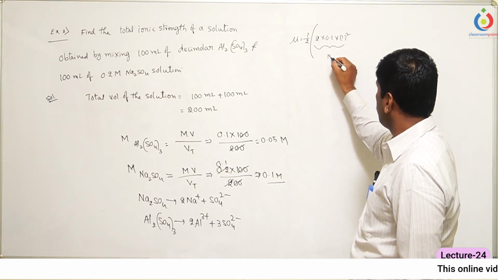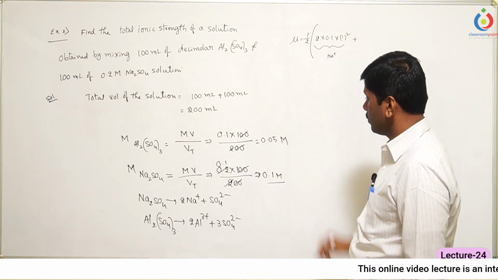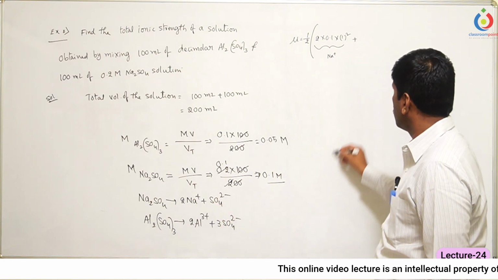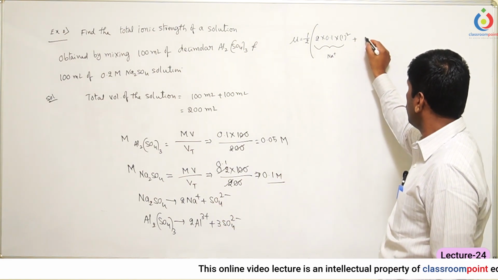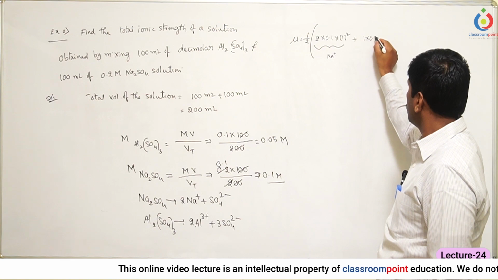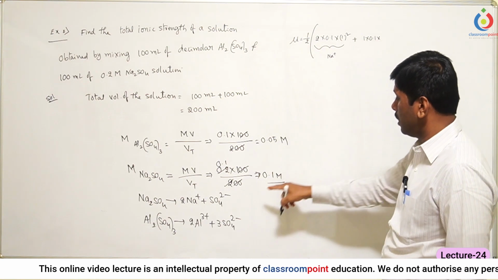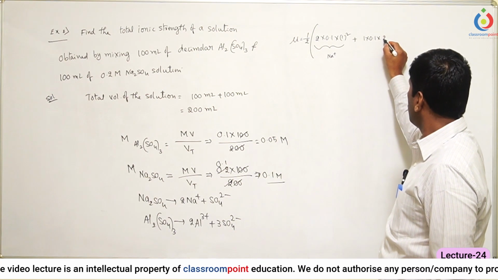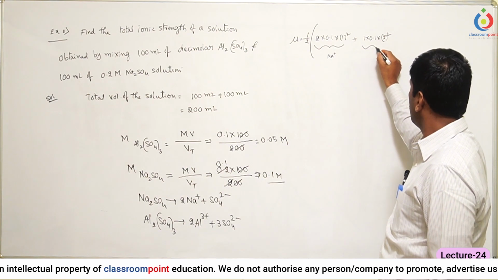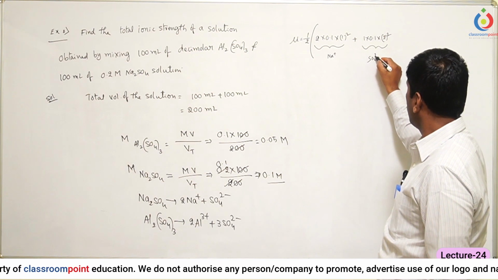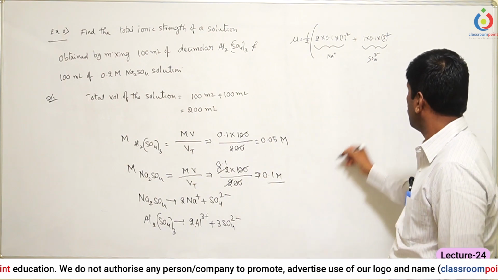This is about the Na plus ion plus sulfate ion. Only one sulfate is there, its concentration is 0.1. So 1 into 0.1 into charge on sulfate ion is 2, so that it will be equals to 2 square. This is about the sulfate ion from sodium sulfate.